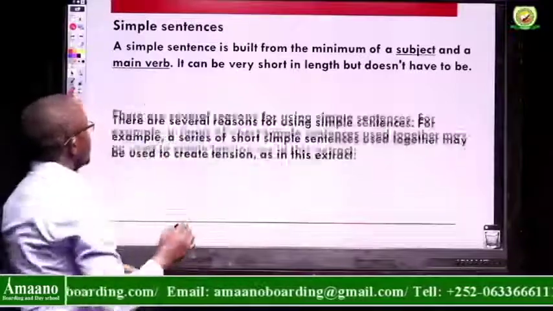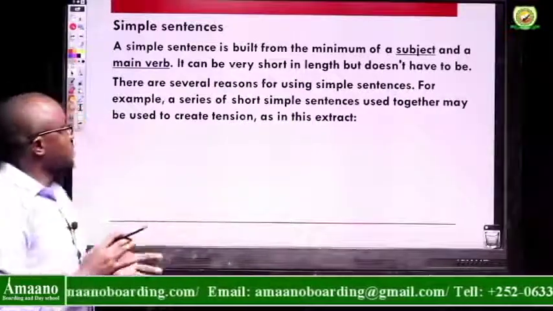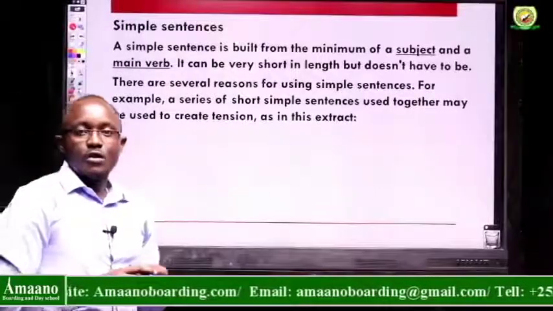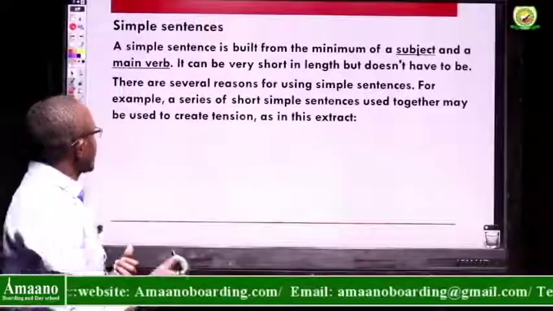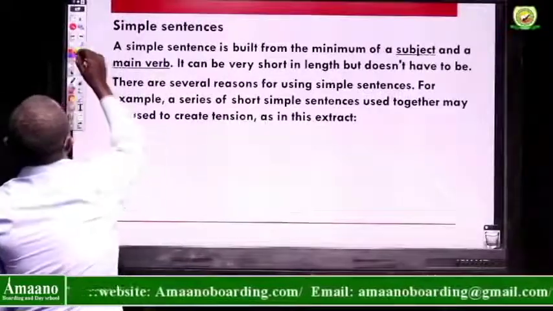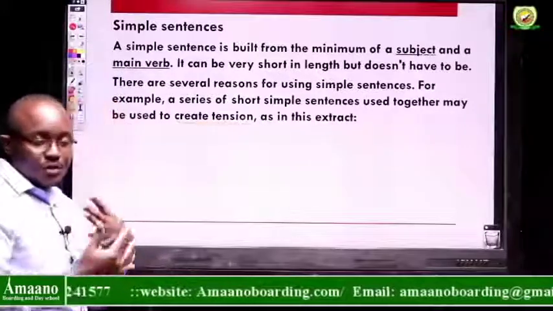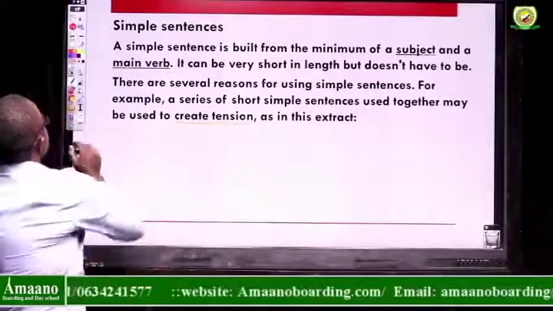Okay, so let's look at why you would use a simple sentence in your writing. There are lots of reasons why someone would choose to use a simple sentence. And the first one here that I want you to see is to create tension. So when you want your readers to continue reading, you can use a simple sentence.